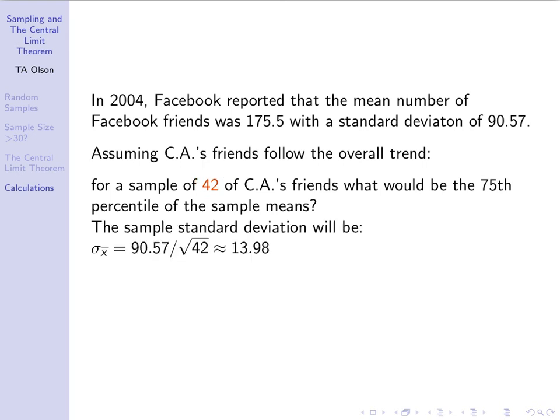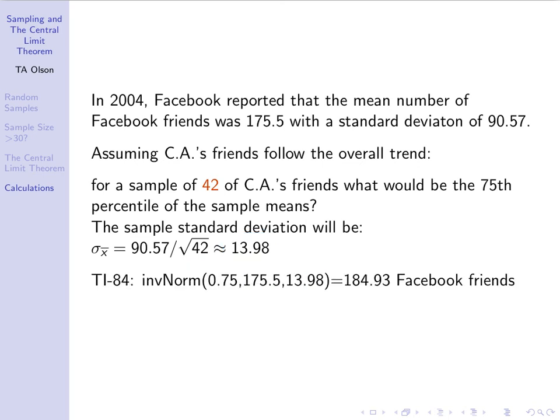With 42 people in the sample, the sample standard deviation is 90.57 divided by the square root of 42. That would make it 13.98 for our sample standard deviation. And finding that score is going from the area left under the curve to get a value.